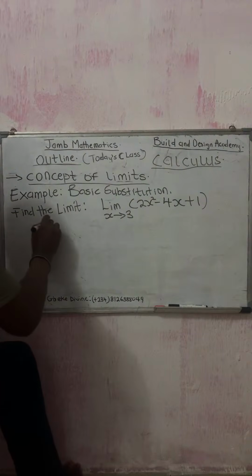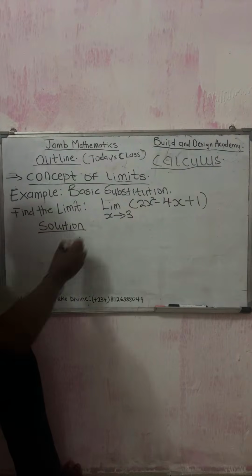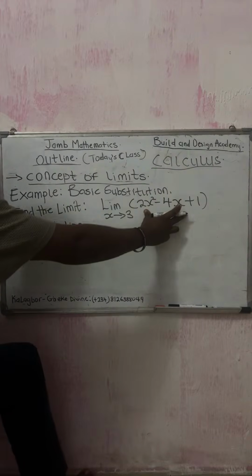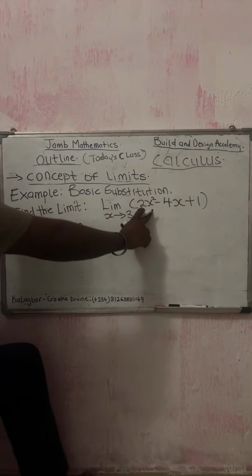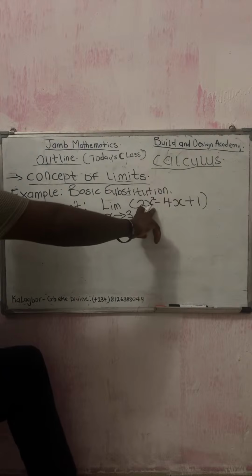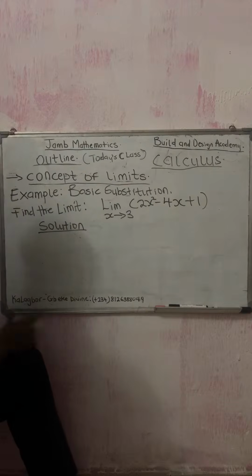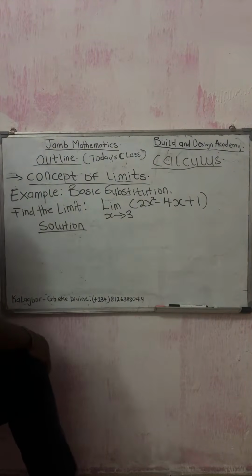So our solution will be, since the function is a polynomial. Now this function is a polynomial. A polynomial simply has an unknown variable raised to a power and a coefficient, either adding or subtracting themselves. So this is a polynomial equation.